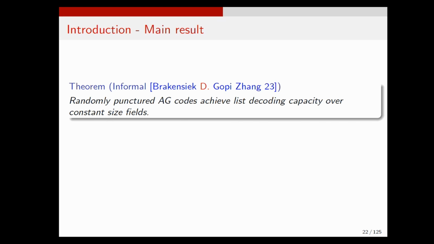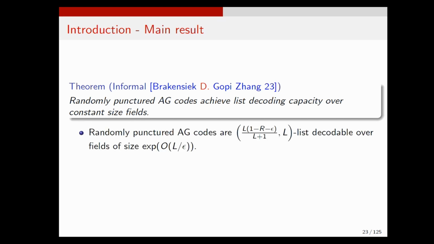As mentioned earlier, for Reed-Solomon codes we need linear size fields. These AG codes can do better, and you can get list decoding capacity while keeping the field size constant. This is just an informal statement, and we'll try to make it precise over time.